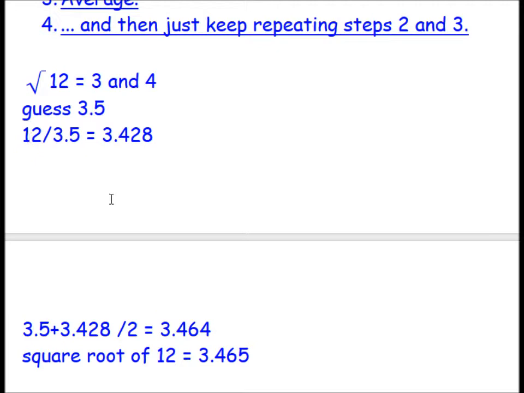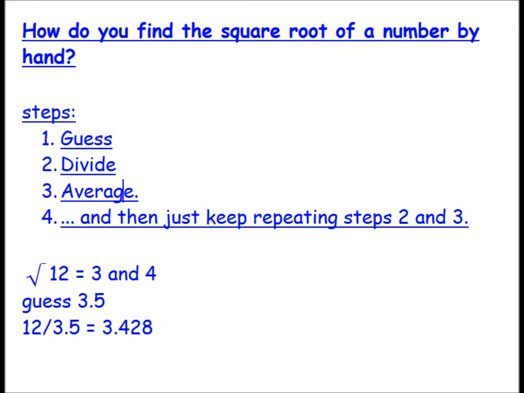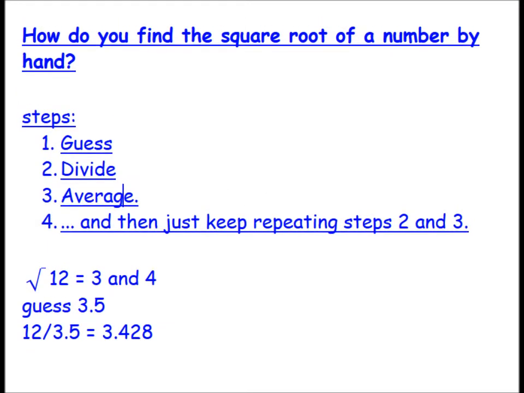If this is not the square root of the number, we just keep repeating steps 2 and 3. Again divide, again average. This is an important and easy way to find the square root by hand if you don't have a calculator, or if you are not allowed to use a calculator in an exam.